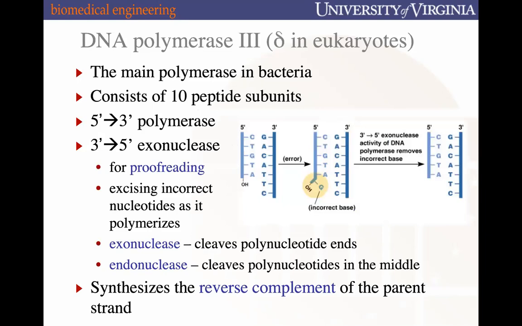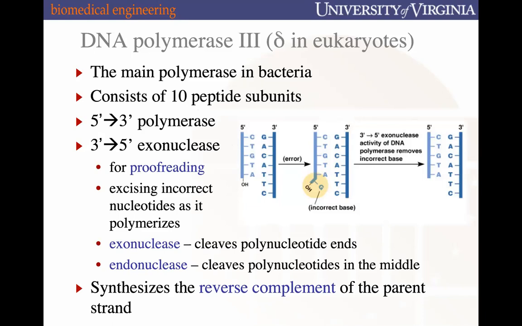So we have two different kinds of DNA polymerases. In prokaryotes, this DNA polymerase is called DNA polymerase 3. In eukaryotes, it's called delta. So you can either call it DNA Pol 3 in prokaryotes or DNA Pol delta in mammalian cells.